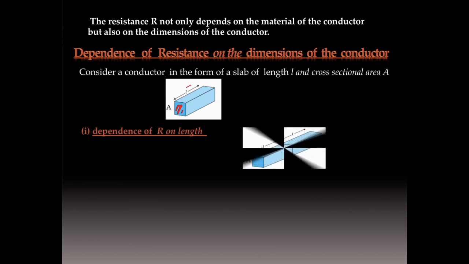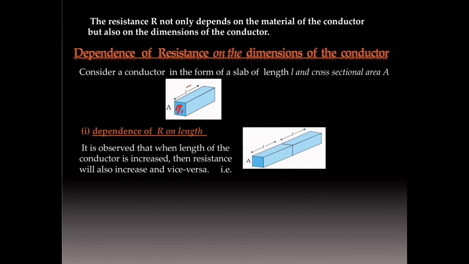It is observed that when length is increased, the resistance of a conductor will increase and vice versa. So R is directly proportional to the length of a conductor. Second, dependence of R on the area of cross section.